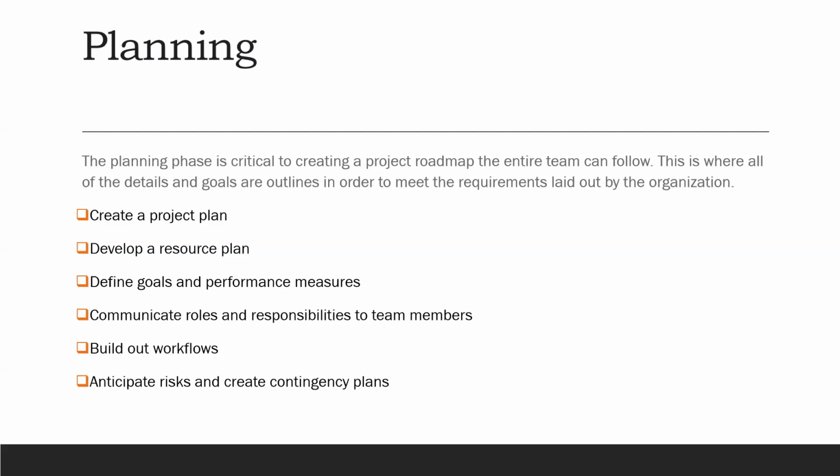I always say, if roles are clear, then we can ensure a good flow of process. If roles are clear and people execute, there will be a better flow of process. Then you build out your workflows.